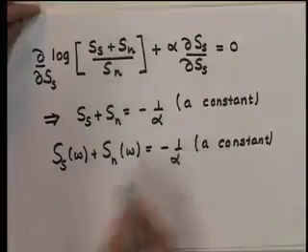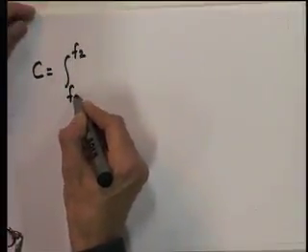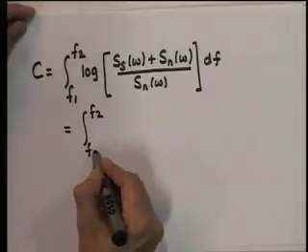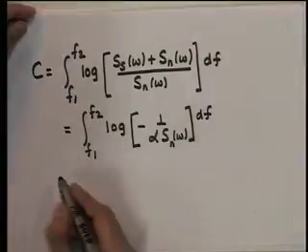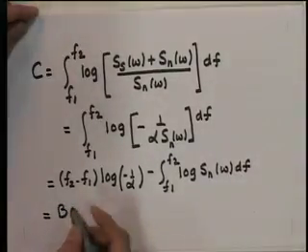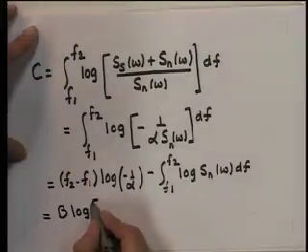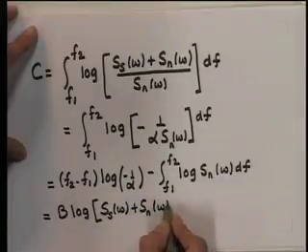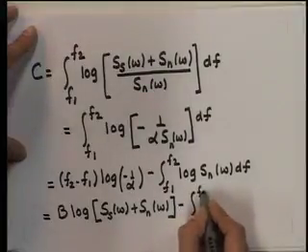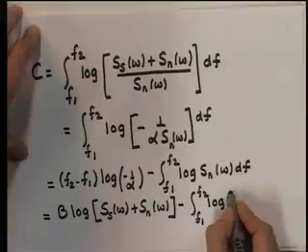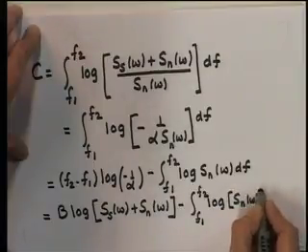Under this condition, we can calculate the channel capacity as, and this can be simplified as, which is equal to B times log of signal power density plus noise power density minus integral of the quantity log of noise power density.